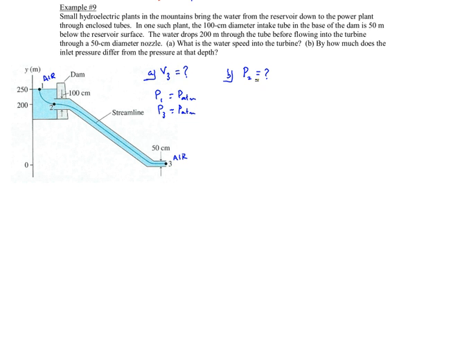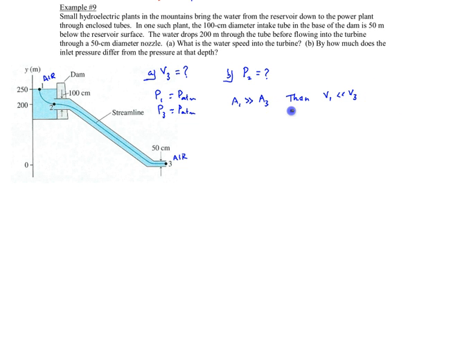Okay, now there's a couple things that we need to do in solving this problem. When we look at 1, this is a very large reservoir, and so we're going to need to make an assumption that the cross-sectional area at position 1 is quite large. So we'll assume that area 1 is much, much larger than area 3, or even area 2. And since that's true, then we can say that velocity 1 is much, much smaller than velocity 3.